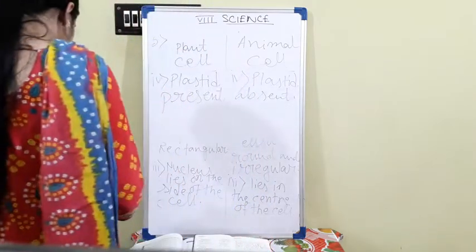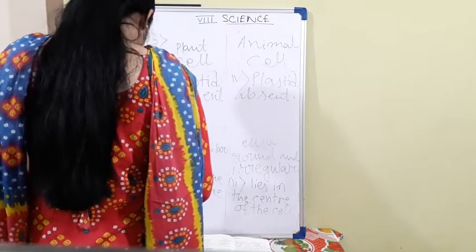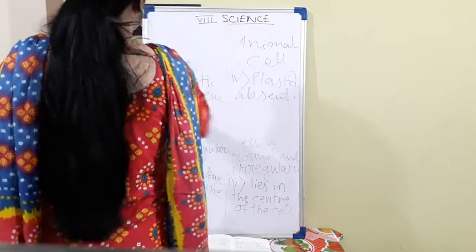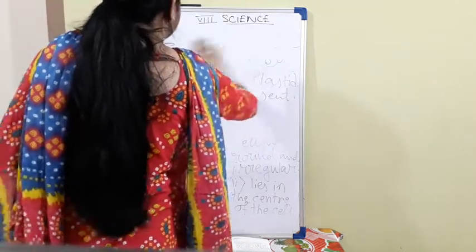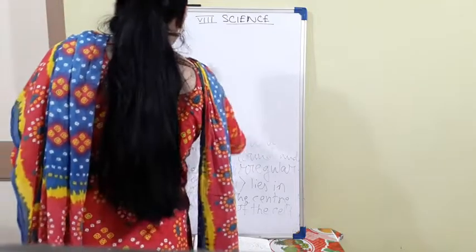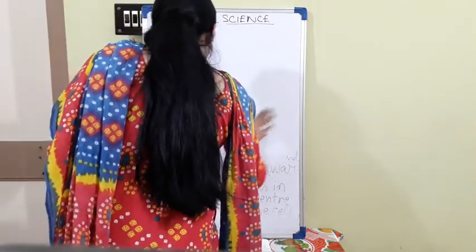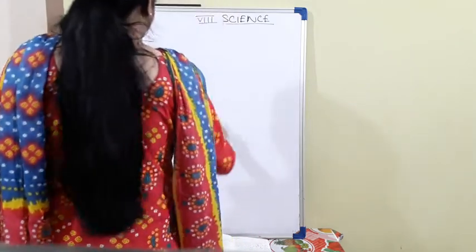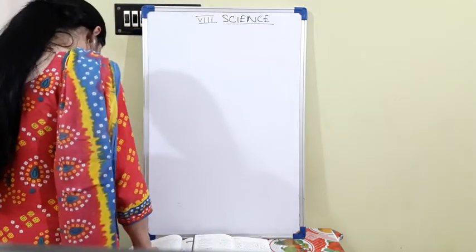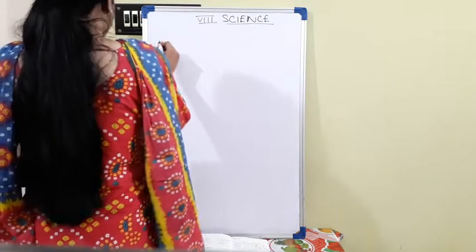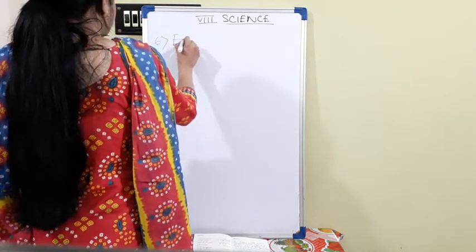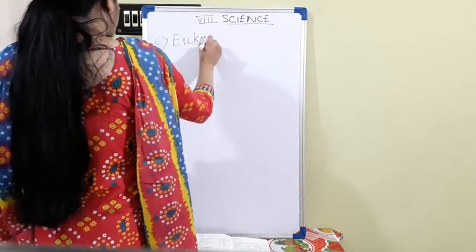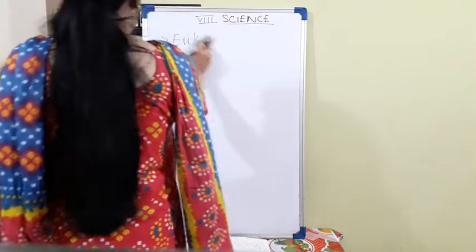Difference between eukaryotic and prokaryotic. Okay. Number 6, prokaryotic and eukaryotic. First, prokaryotic, that is primitive.